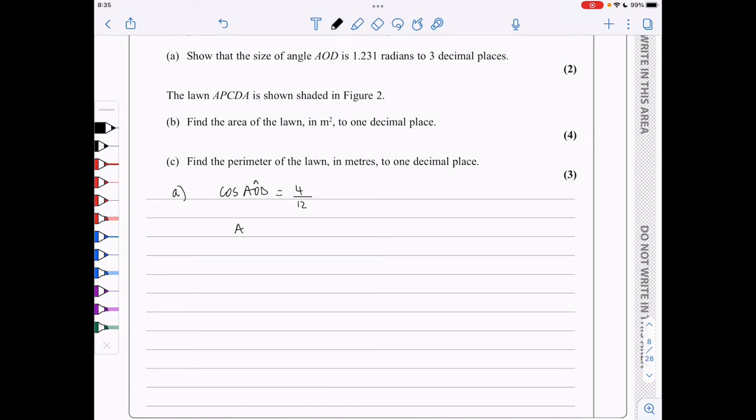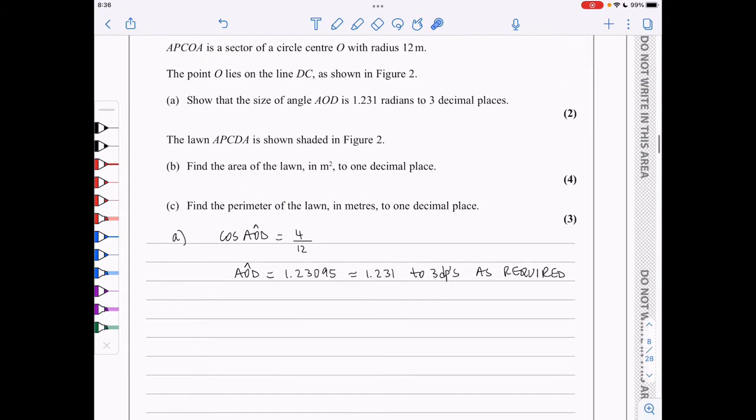This means that AOD turns out to be 1.230959, which rounds to 1.231 to 3 decimal places as required. Now, because the question was asking you to show that this is 1.231, you should show a more accurate answer which rounds to the printed answer.